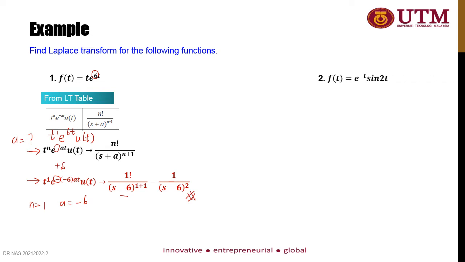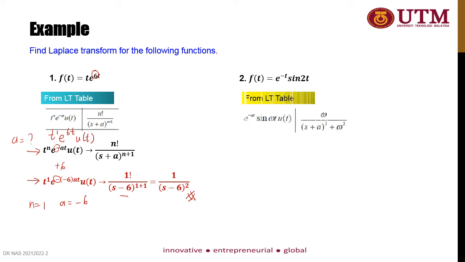Okay, let's look at another example. When you have f(t) equal to e^(-t) sin 2t, again refer to the Laplace transform table. This is the shape you have in the table, so you can compare the given equation with the one in the table.